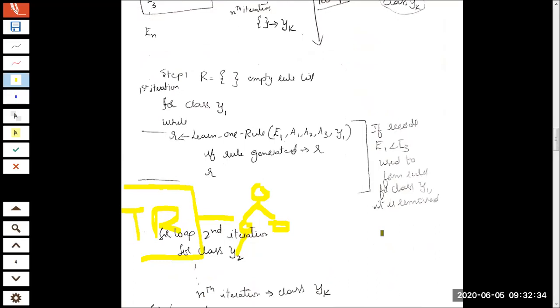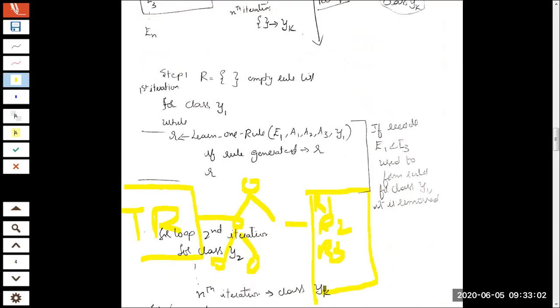So the answer to this question is no, you cannot do it. Step 1, from the training record, you should construct a decision tree. This is step 1. And from the decision tree, you will go to step 2, that is building the rules. Okay, R1, R2, R3. That is, these are the rules for the classifier.